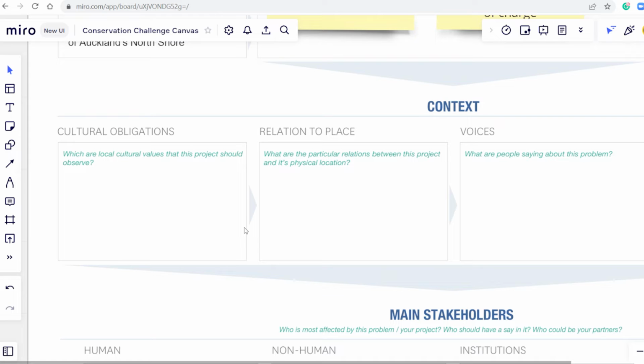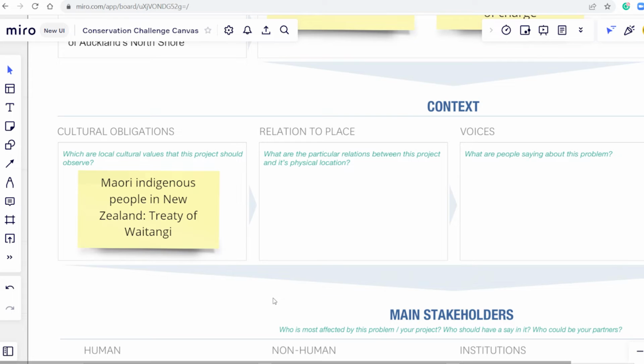Do you have any cultural obligations in this context? In our example, we need to observe the Treaty of Waitangi, since this project's context is the occupied land of Maori indigenous peoples.